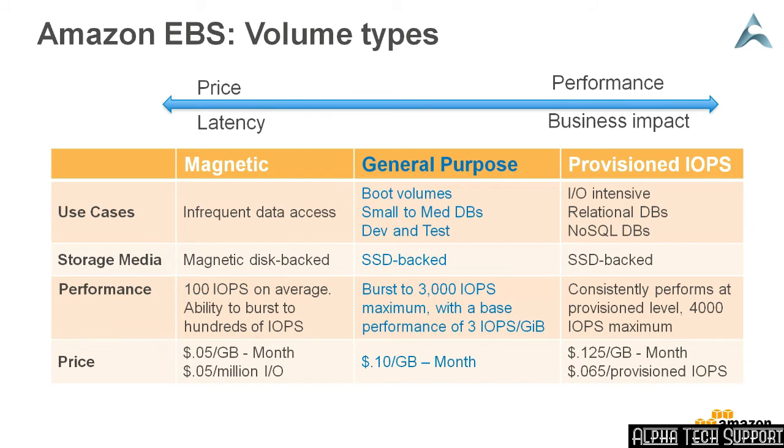The cost is comparatively very low as compared to provisioned IOPS, up to 5 cents per GB per month. The performance is up to 100 IOPS on average, with the ability to burst into hundreds of IOPS.